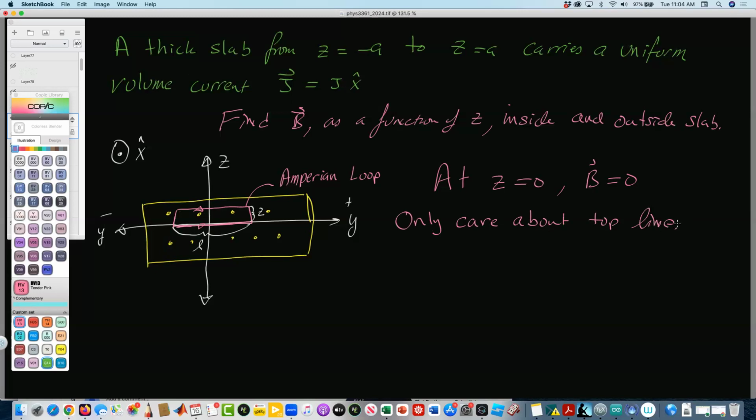All right. So we know Ampere's law in integral form is the integral of B dot DL equals mu 0 I enclosed. So let's work on I enclosed first.